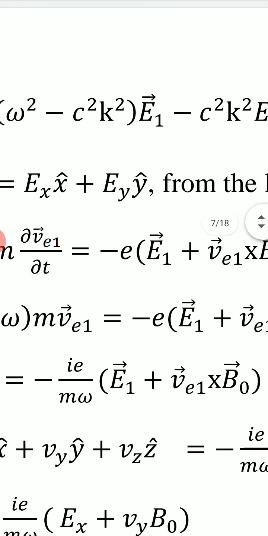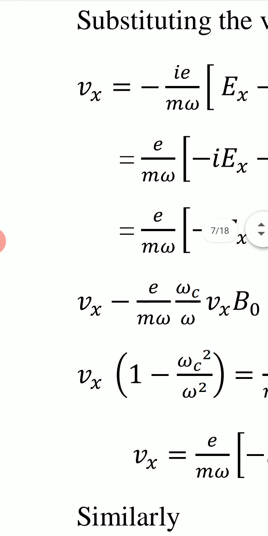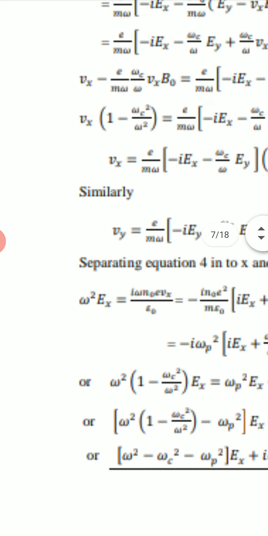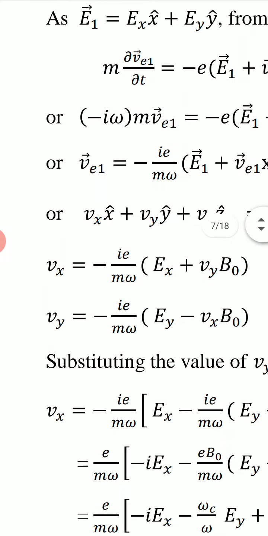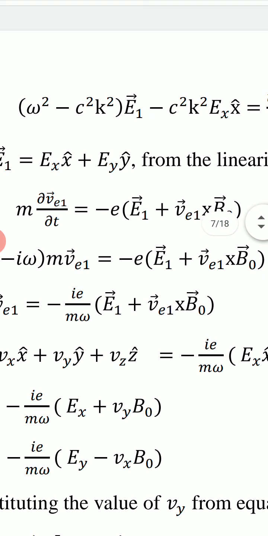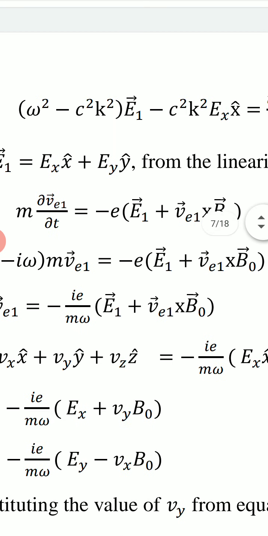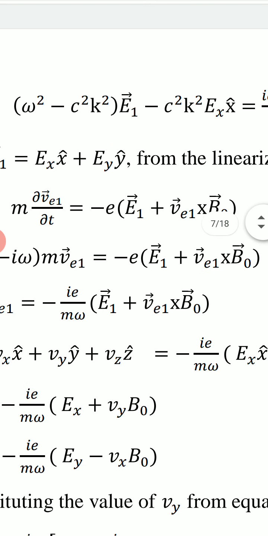So for the x component we write omega square Ex. In the left hand side the only term is omega square Ex. The other two terms are cancelled out.